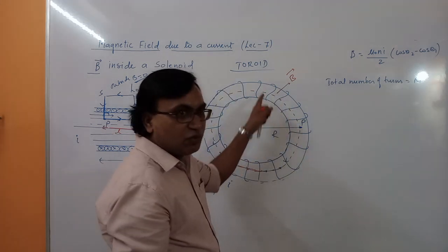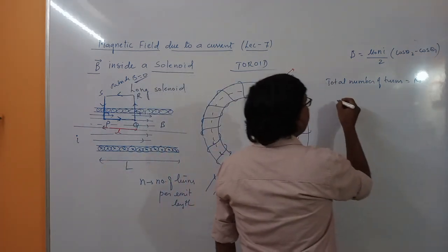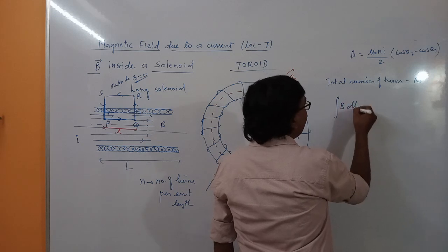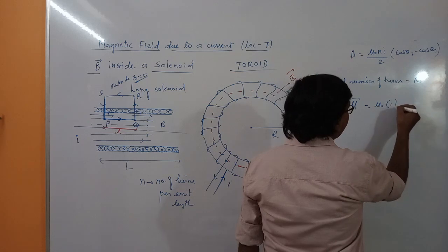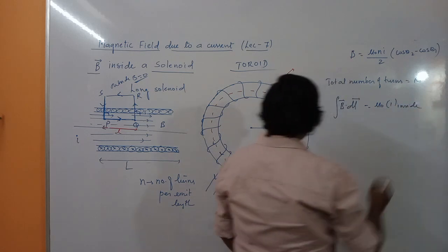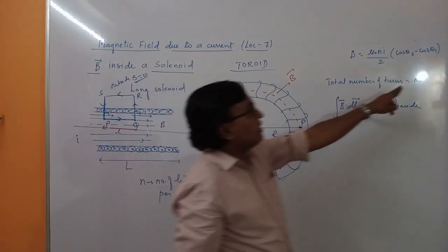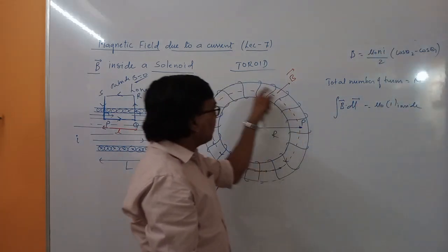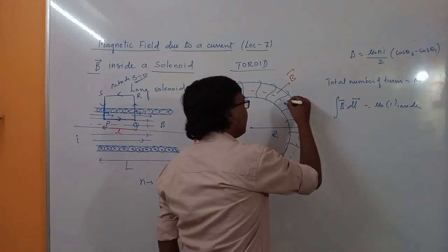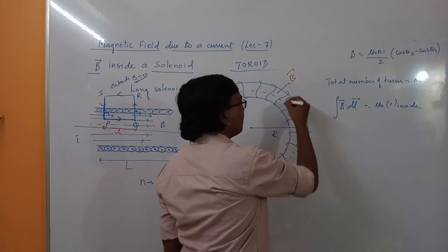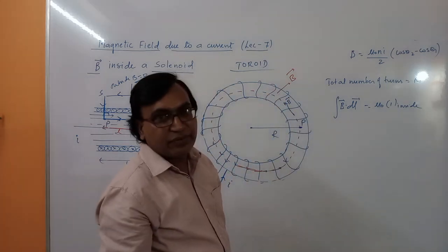Then the current passing through will be due to all the loops. So integral B dl equals mu naught into I that is inside. The current flowing through this we have considered I, then the total current will be capital N times I in this circular loop. Then this is the direction of magnetic field at this point and we are moving along this direction. So cos 0 is 1.